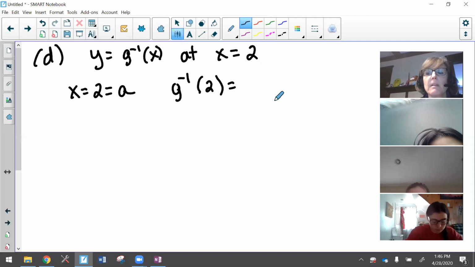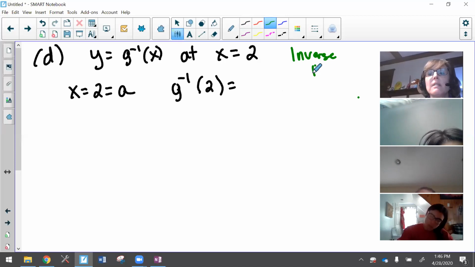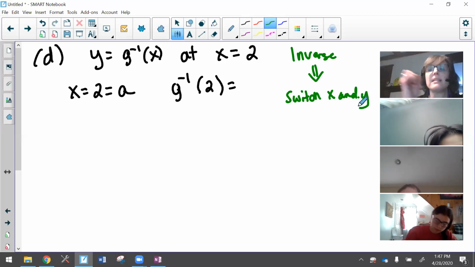And remember that one of the key ideas about an inverse is that we switch x and y.